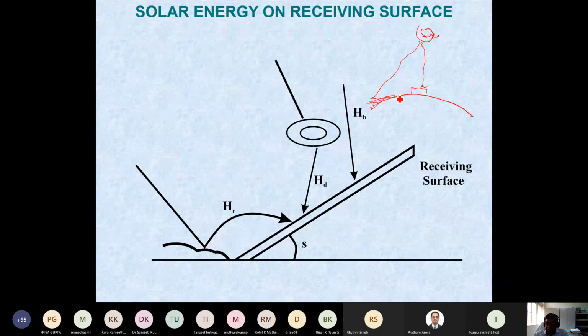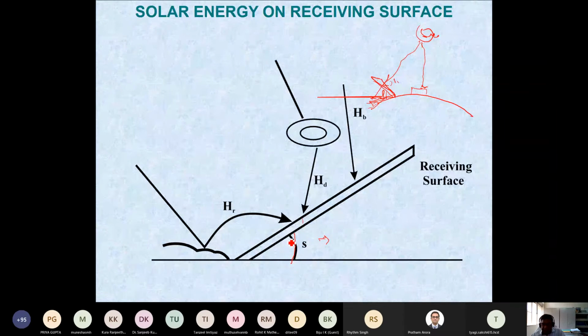The sun cannot come over here and give the solar radiation like this. So the option is to tilt the receiving surface, so that the solar radiation falls at 90 degrees on your receiving surface also. That means you can enhance the incoming solar radiation, tap more of it, and not lose the incoming solar. For that we need to tilt the surface.